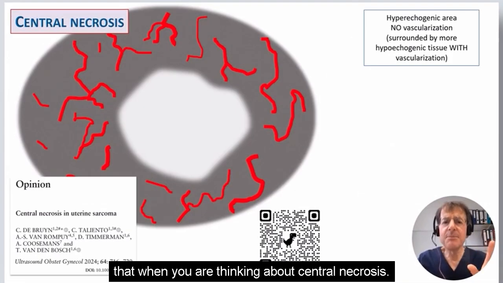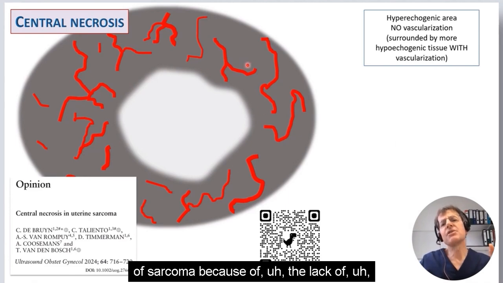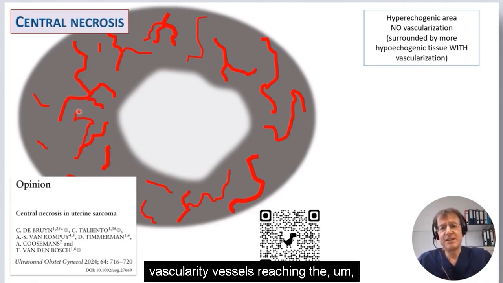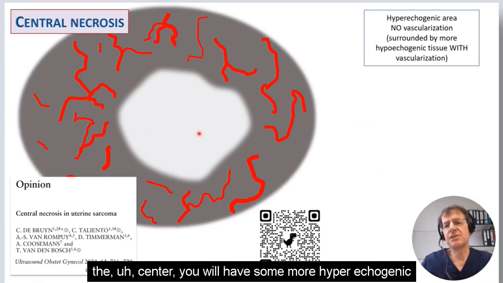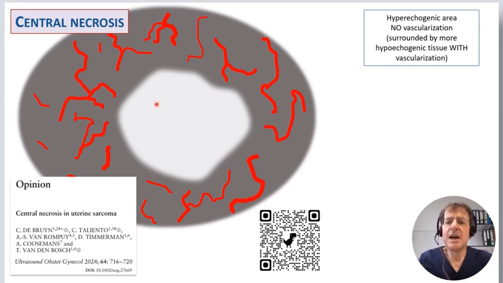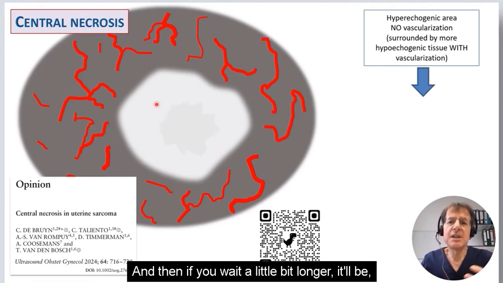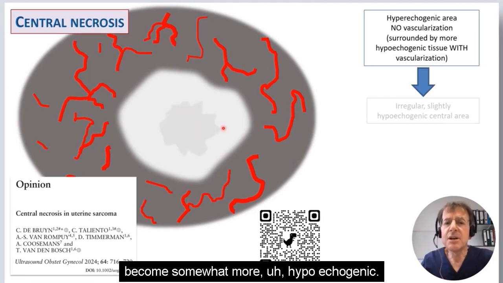think of that when you're thinking about central necrosis. If you have a sarcoma, at the center of the sarcoma, because of the lack of vessels reaching the center, you will have some more hyperechogenic areas because of edema and hypervascularity. And if you wait a little bit longer, it will become somewhat more hypoechogenic.